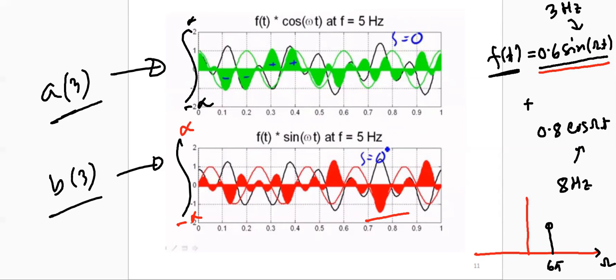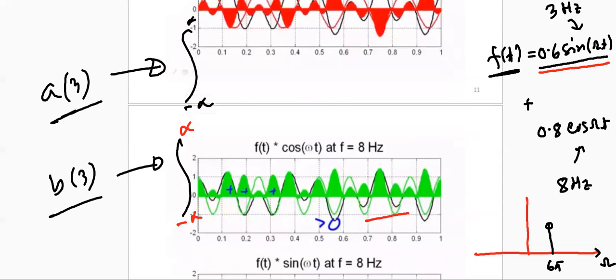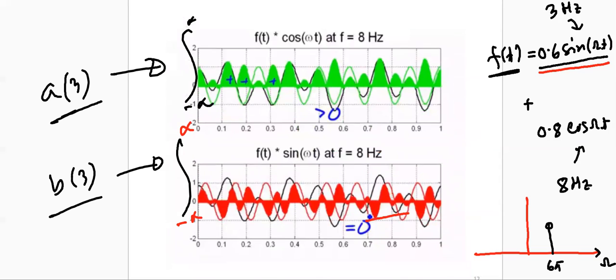If we move on and try 8 Hertz, what will happen? We are expecting this, and if we try the cos, yes, you can find that there are more positive values on the top side than the lower side. It is a very good match, and we got a higher value for a, which I should write as a8.